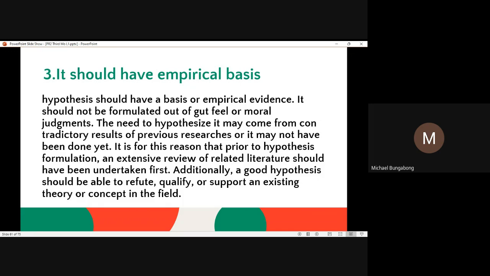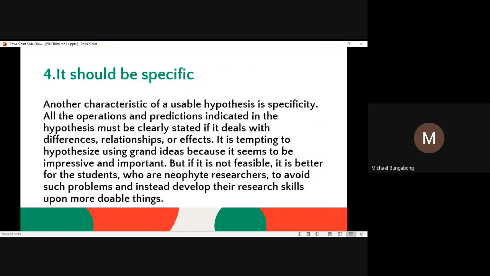So it is for the reason that prior to hypothesis formulation, we do have an extensive review of related literature. Well, it should have been undertaken first, right? So a good hypothesis should be able to refute, at least qualify or support an existing theory or concept in the field.